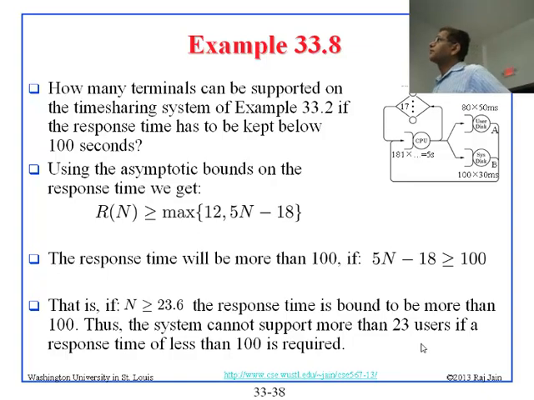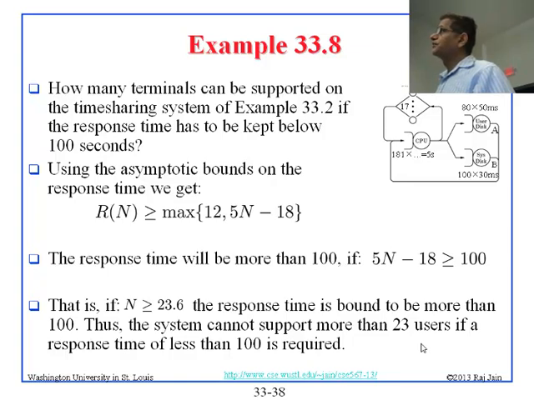So there's another example. How many terminals can be supported on the time sharing system if the response time has to be kept below 100 seconds? So now they're not asking you for the knee, they're asking that we want it to be less than 100 seconds. So you can do similar things with this kind of formula: R(N) has to be more than this, and the response time will be more than 100 if N is more than this.